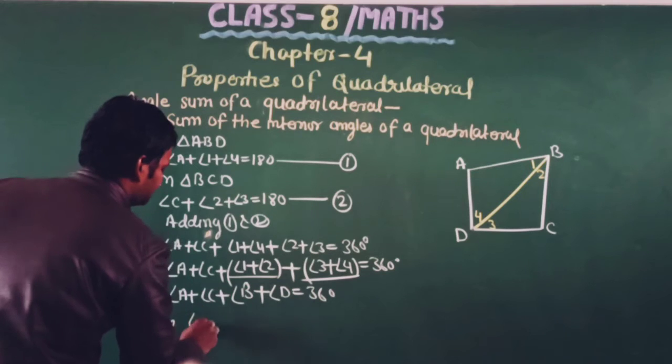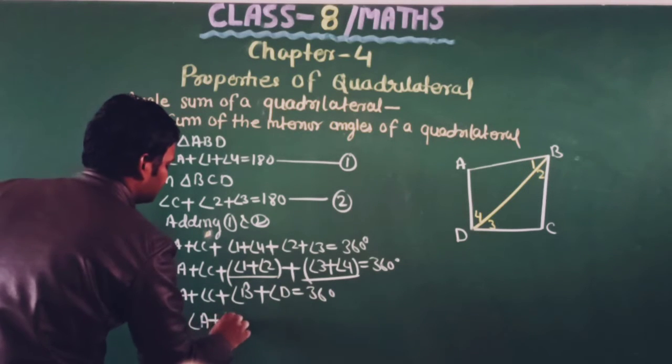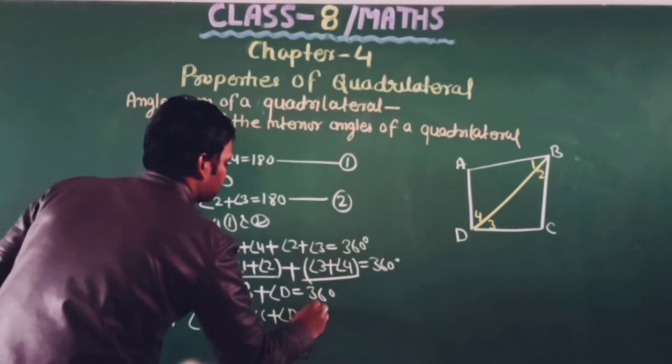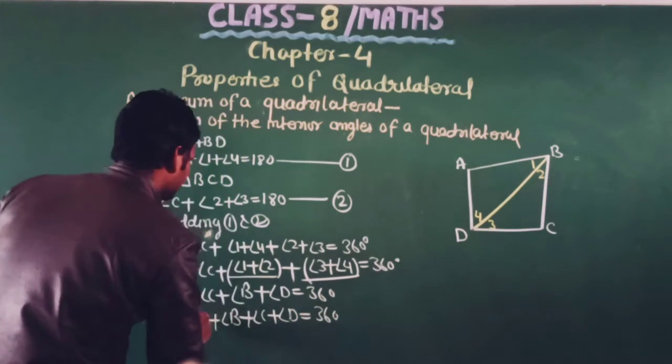This can be written as angle A plus angle B plus angle C plus angle D equals 360 degrees.